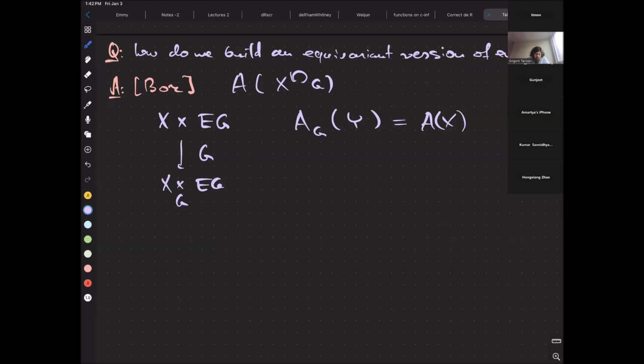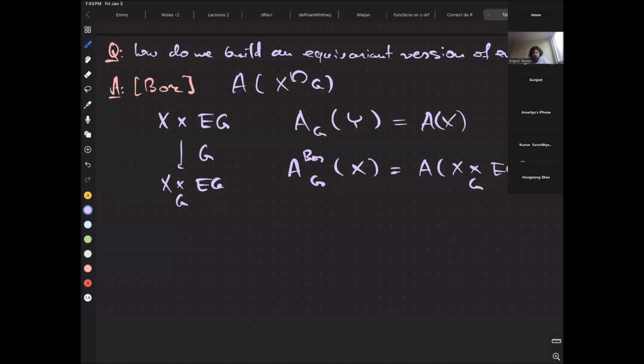So by this logic, to get the Borel or boring equivariant cohomology with respect to the G action on X, you just need to apply the usual cohomology to the Borel construction, i.e. to this quotient.